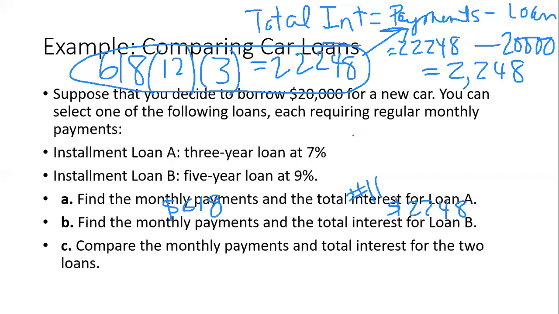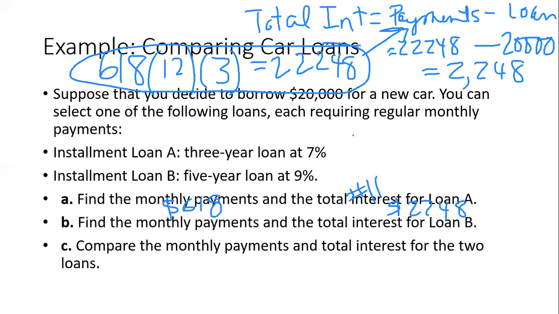So now let's do the same thing for loan B. I would recommend that you pause the video and try loan B on your own, and then restart the video and check your work.